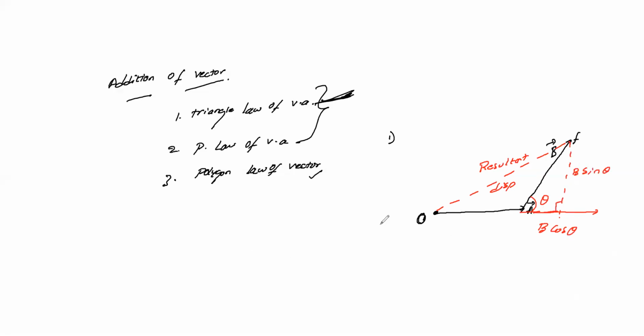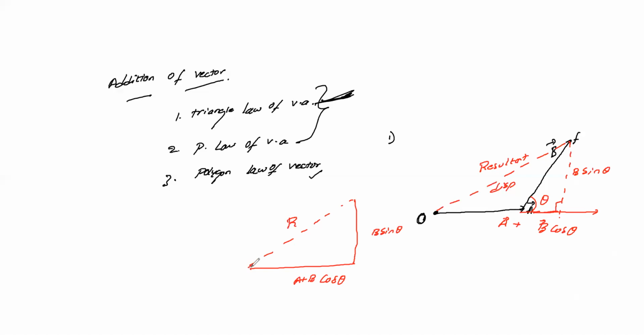Now we'll see the relation. I'll redraw this right-angle triangle. At the base, A and B are both traveling in the same direction, so we add them: A plus B cos theta. The opposite direction is B sin theta. This is your resultant.